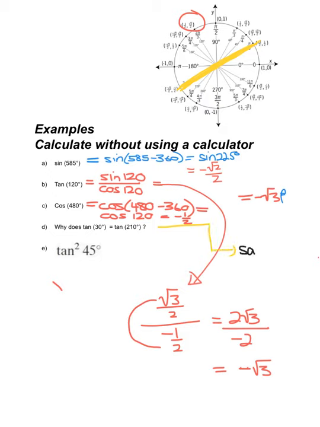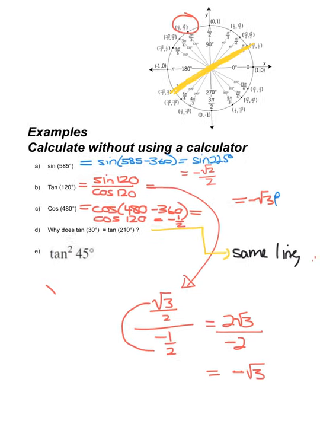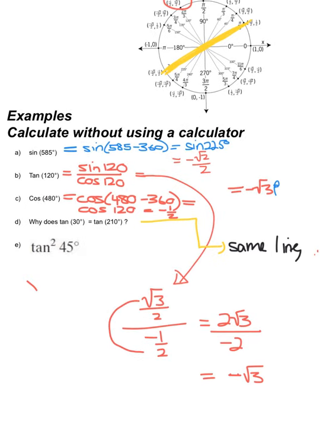So we can go same line, same slope, and therefore the same tan value.